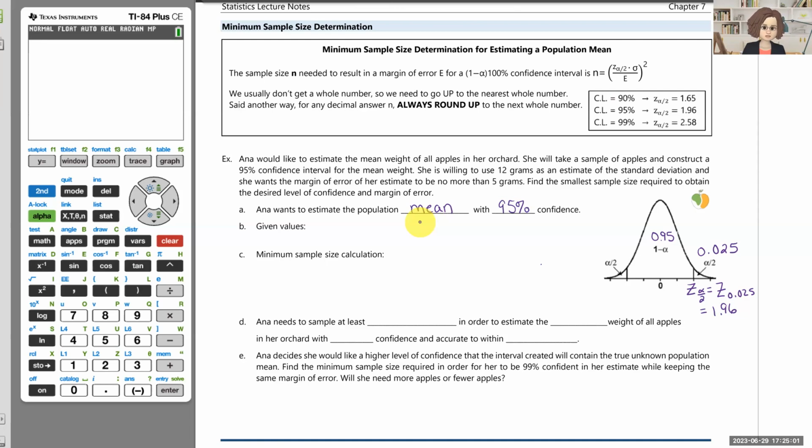Let me write down our given values. We have our z alpha over 2 of 1.96 for a 95% confidence level. And she's willing to use 12 grams as her estimate for the population standard deviation. And her margin of error, E, is 5 grams.